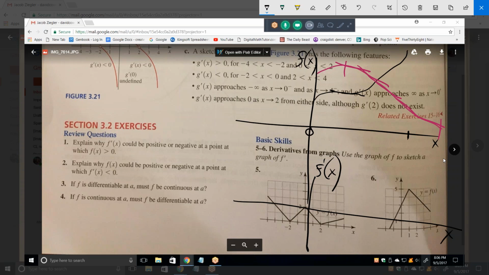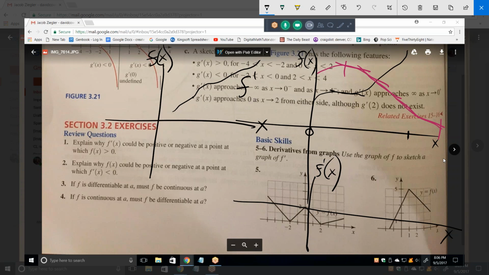Here, hold on a minute. Let me see if I can make it a little clearer here. If I have a function that's like that, that function is positive everywhere, correct? Yeah, correct. What is its slope everywhere? Positive.